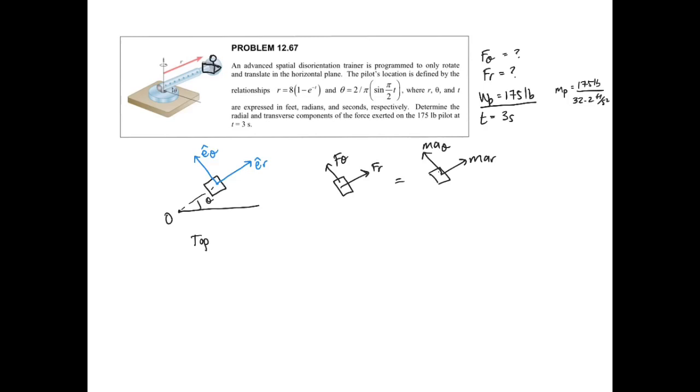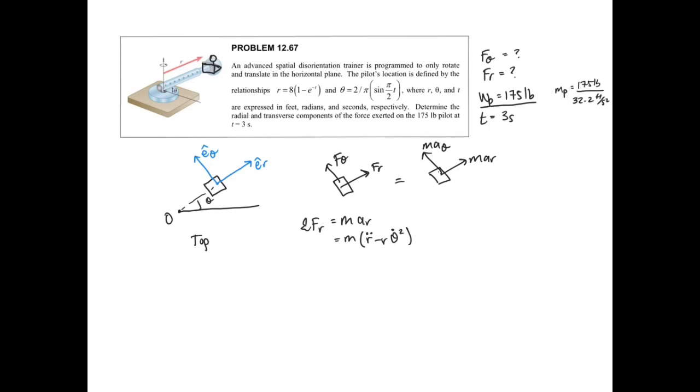In this case, we're given equations for R and theta. So when we look at our summation of forces in the R direction, it is equal to m a R, which is equal to m times R double dot minus R theta dot squared.